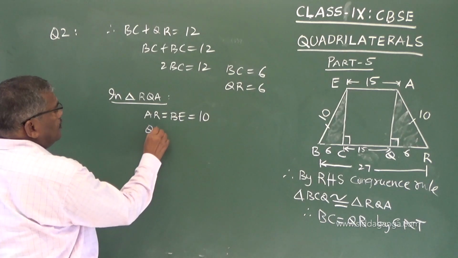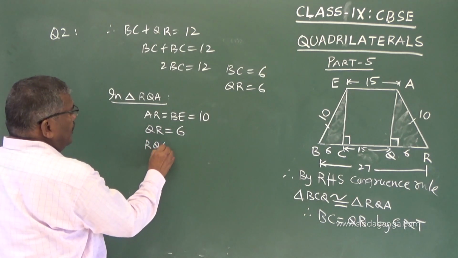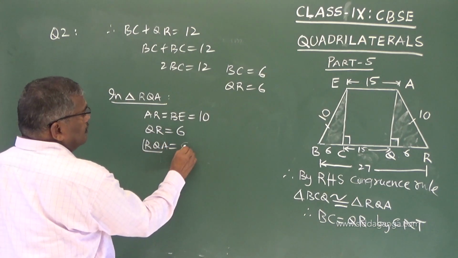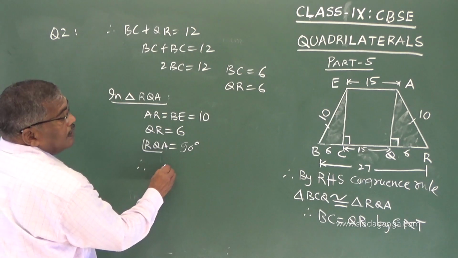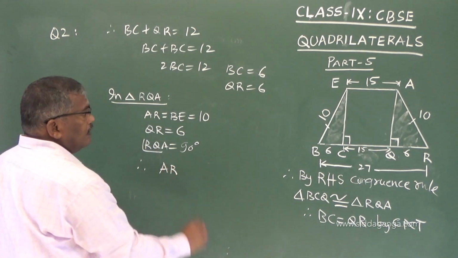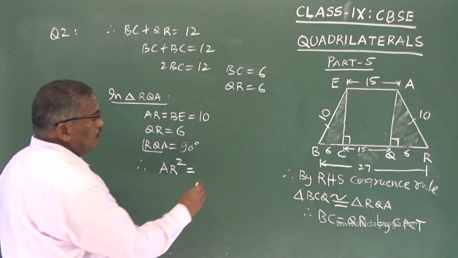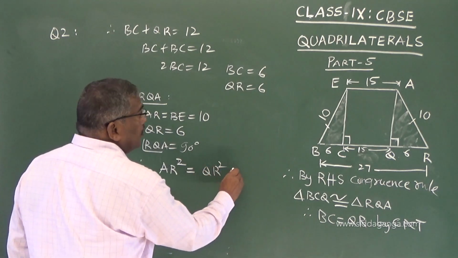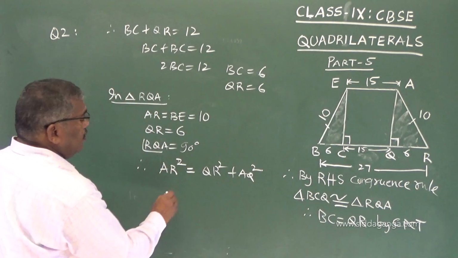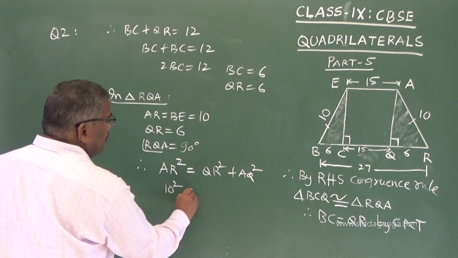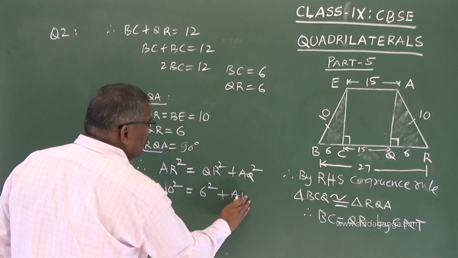So QR equals 6, angle RQA equals 90 degrees. So therefore AR is the hypotenuse. AR square is equal to QR square plus AQ square. So AR is 10 square equals QR is 6 square plus AQ square.